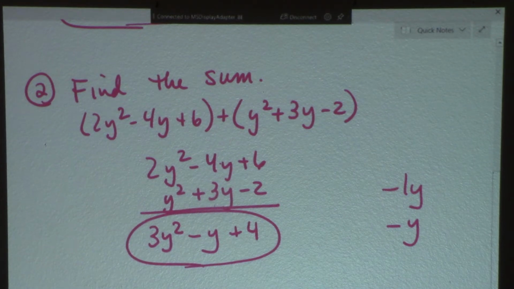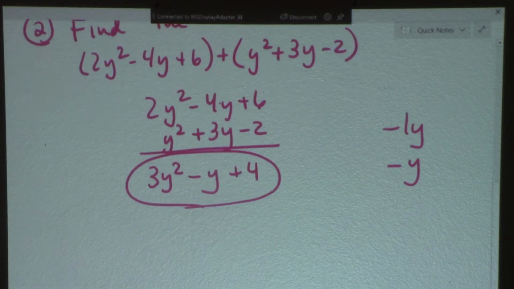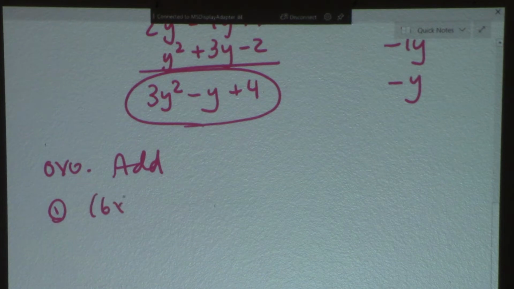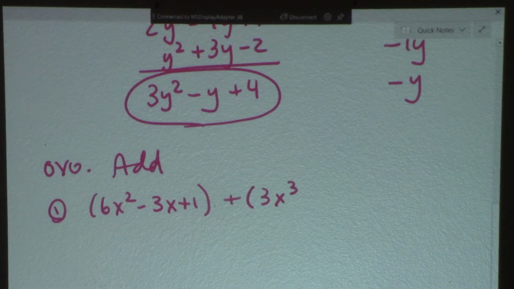Okay. I want you to go ahead and try some on your own. So here they are. Add. So we have number 1, 6x squared minus 3x plus 1 plus 3x cubed plus 4x squared minus 5x.